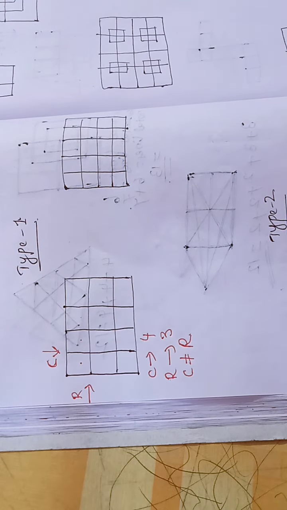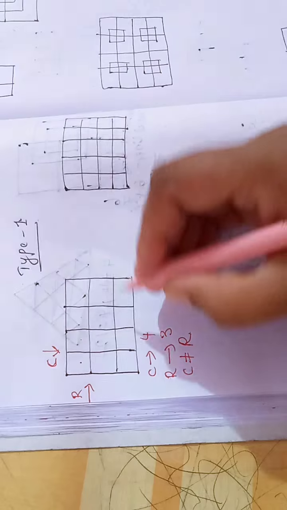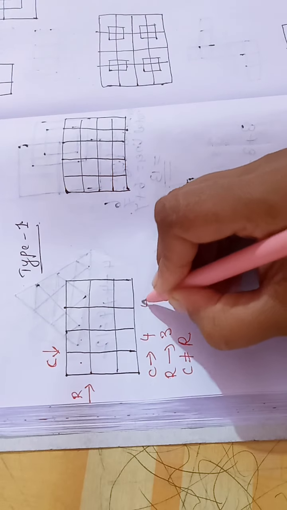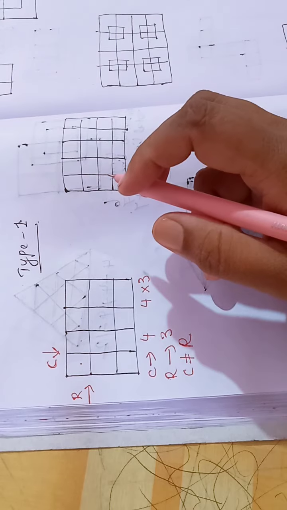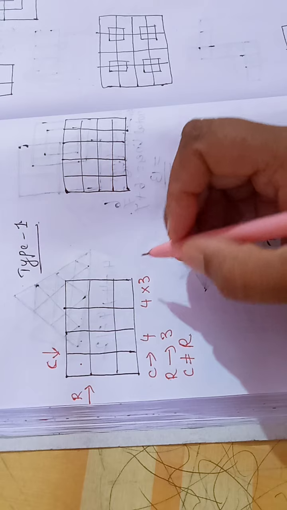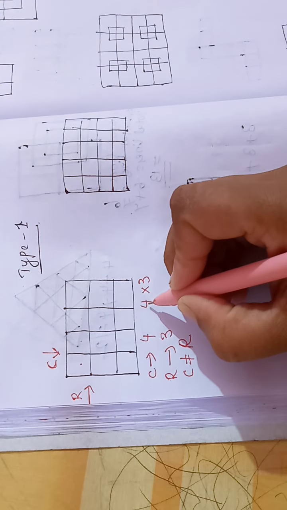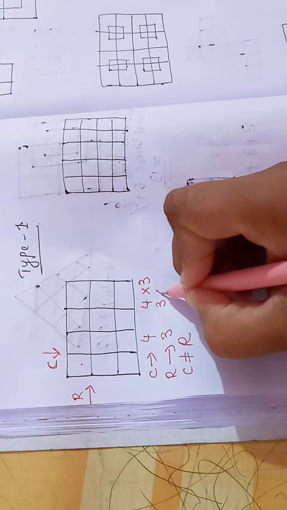Then for such kind of figures, what we will do is write column into row. First 4 into 3, or you can also write row into column. So 4 into 3. Next, reduce 1 from 4. What you will get? 3.